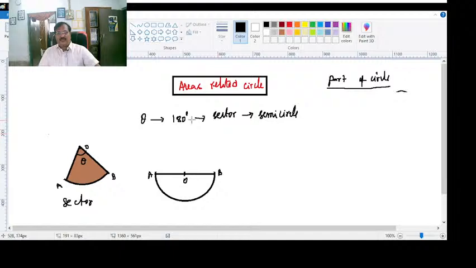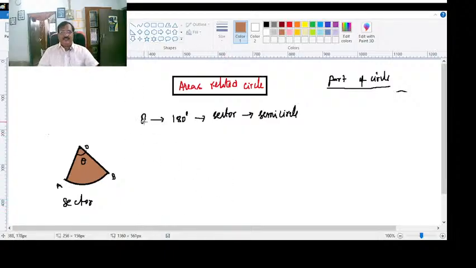Now I have cut. So then what happened? This angle is 180 degrees. Therefore, it is a semicircle. So at 180 degrees, the sector will become a semicircle.